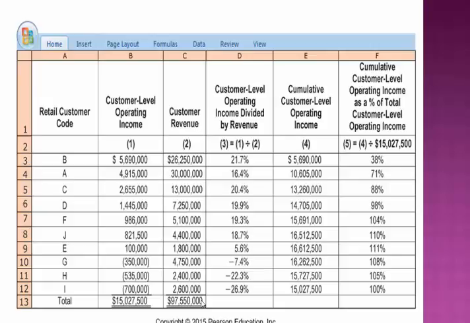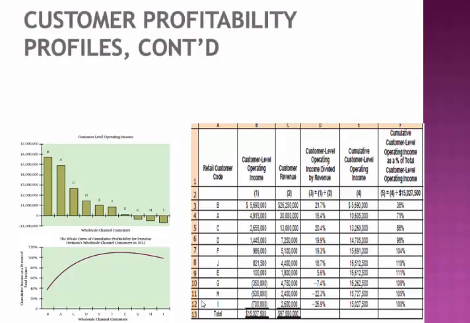Another way of looking at this is we could take our information and put it either into a bar graph or into a well curve. Again, management likes to look at things in pictures, so we could actually spell this out for them based on the operating income that's coming from each customer.